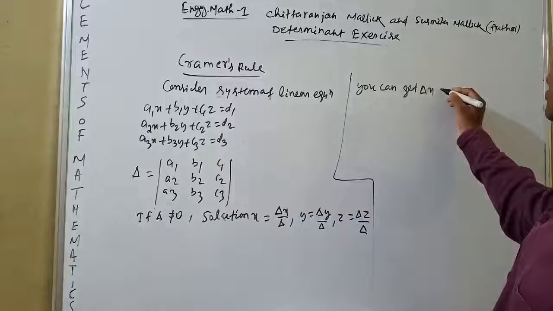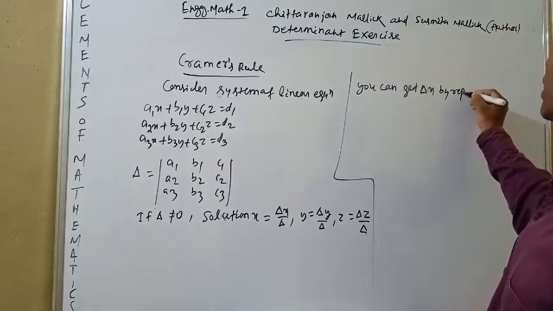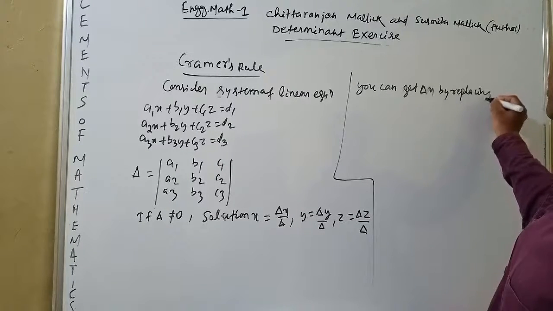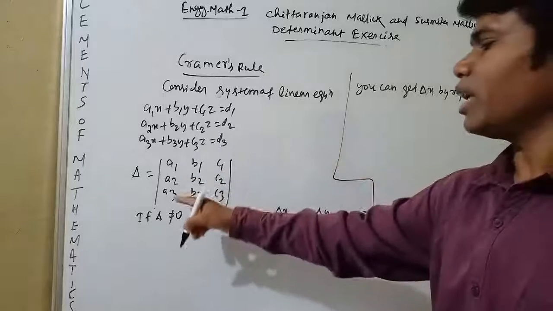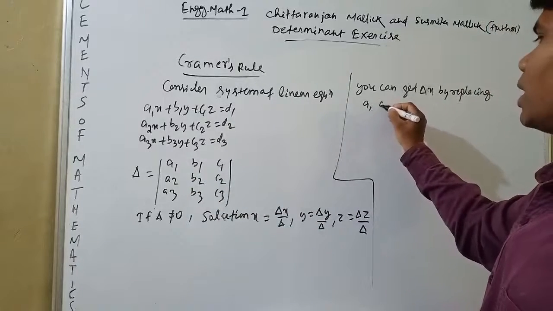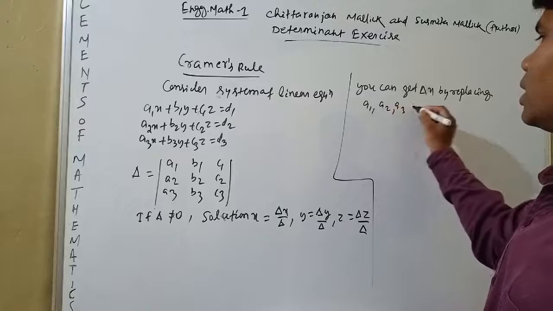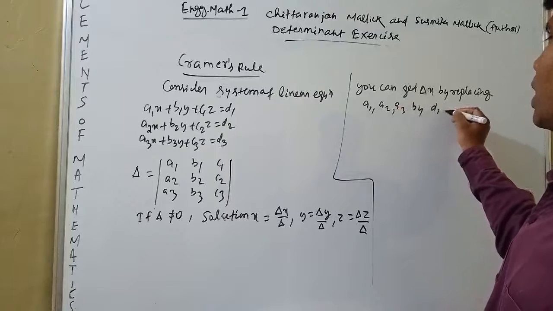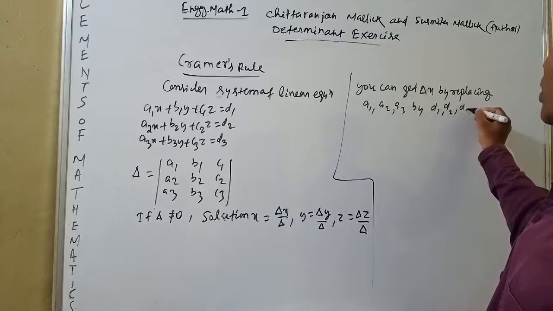You can get del x by replacing a1, a2, a3 by d1, d2, d3 in del.